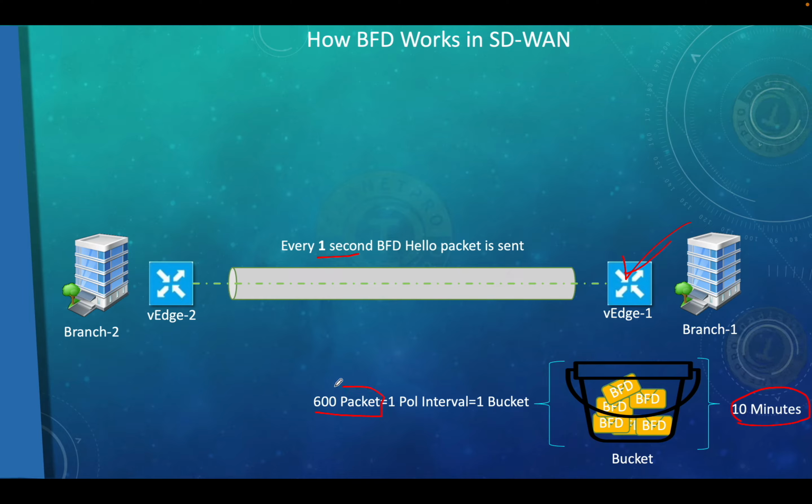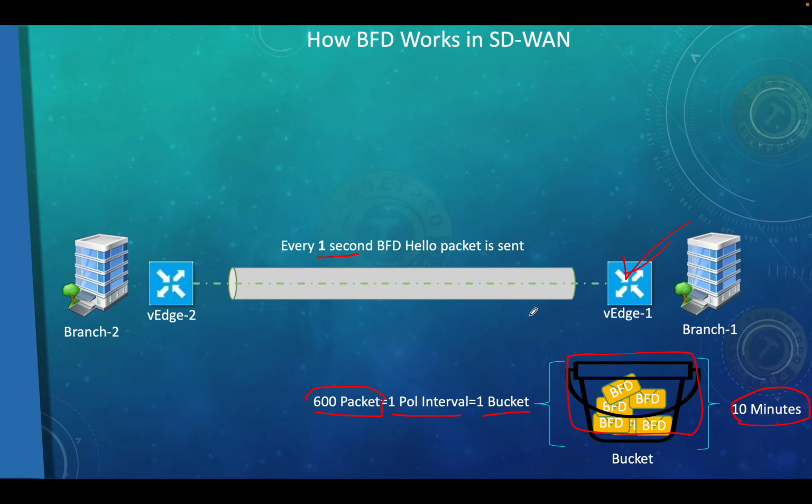So this 600 packets, or this single bucket, in SDWAN infrastructure is called one poll interval or one bucket, right? So how does this bucket get utilized to assess the link?